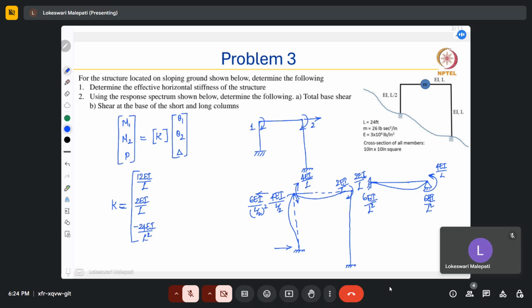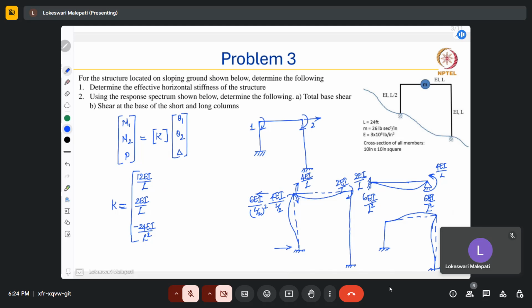So similarly for theta 2 we can write down. If you write down for theta 2, it would be like this, right? So the first element would be the moment corresponding to theta 1.